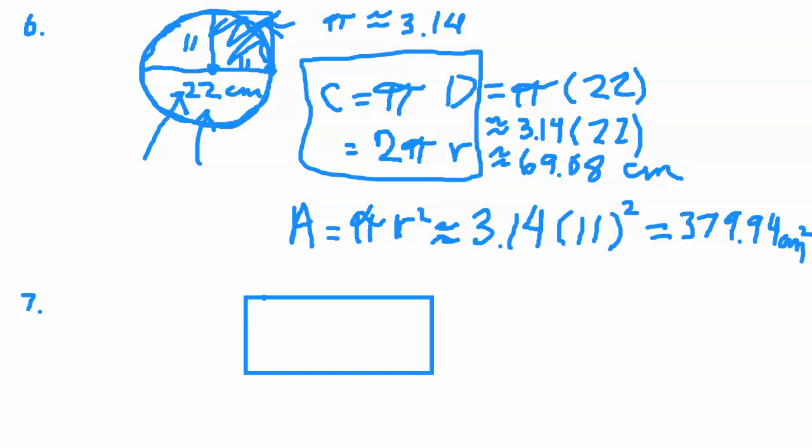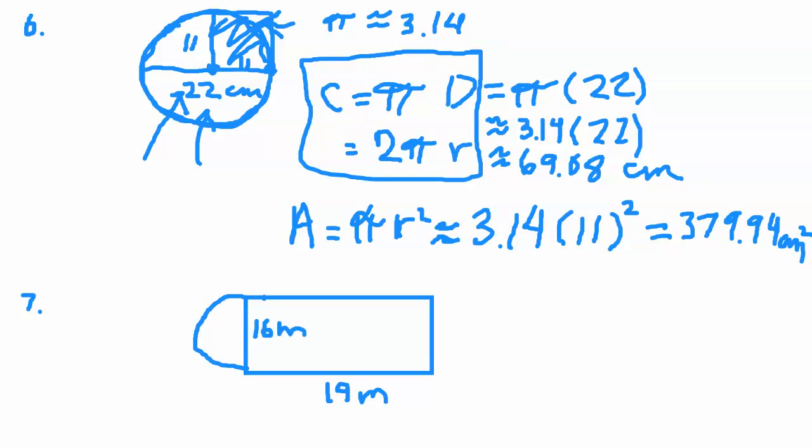We're supposed to find the area of the entire region. Now, the information that we're given is that the height of this rectangle is 16 meters. And the length of the rectangle is 19 meters. We're supposed to find the area of the entire region.